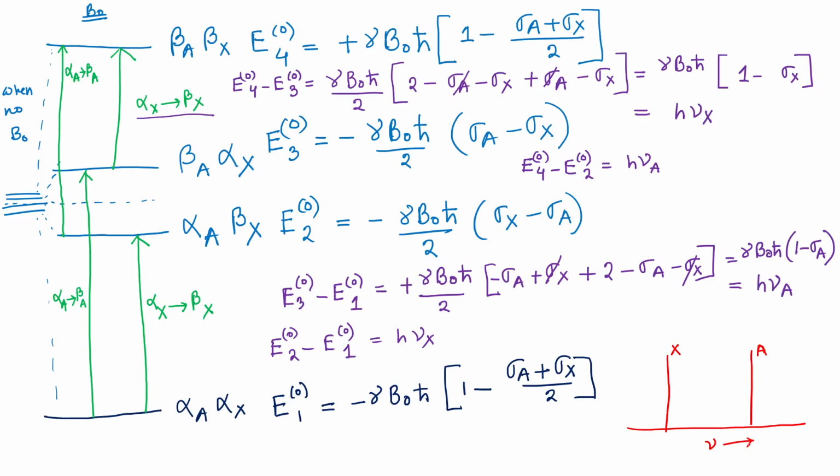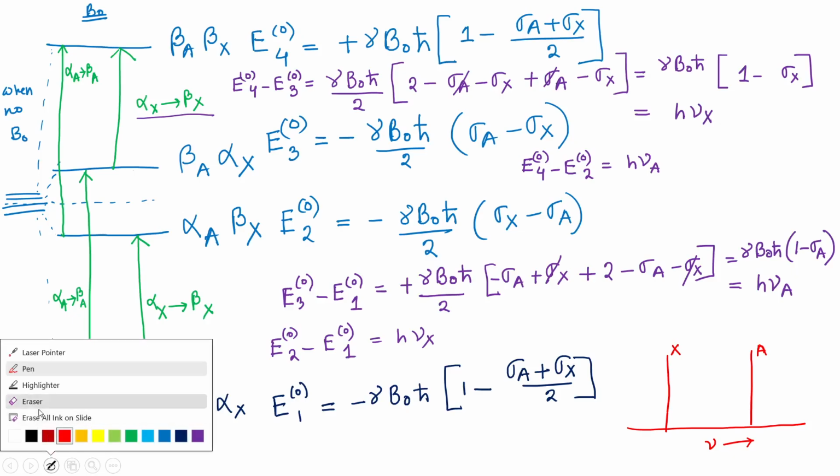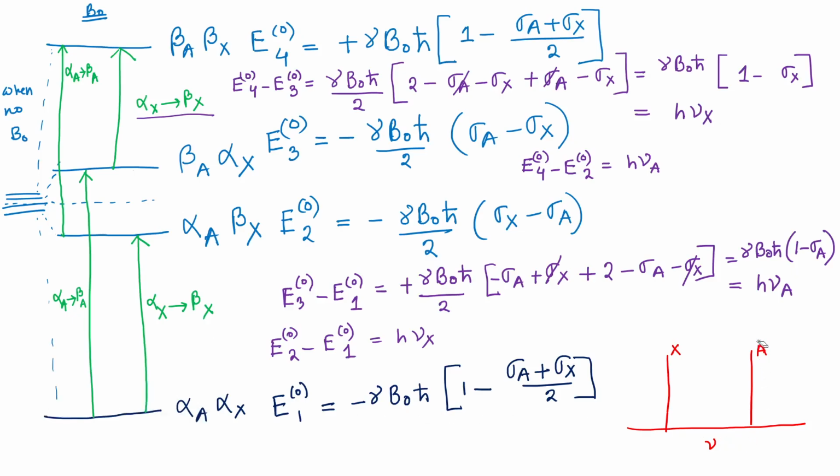So your delta will also increase, but let me maintain the same convention. Let us say the energy is going to increase this side. So the same thing, we are just using the old convention. So your nu A is coming here and nu X is going to come here. And what is chemical shift?